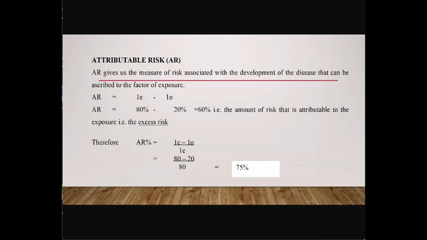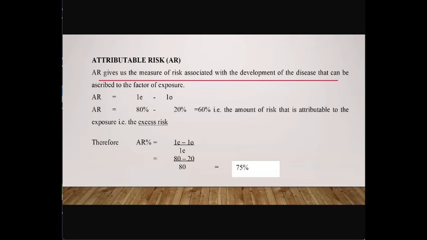So that 60% is the attributable risk, or another name for it is excess risk. It's also called excess risk or attributable risk, which means we are saying that the disease, in this case lung cancer, that the person developed was contributed to by 60% of exposure.